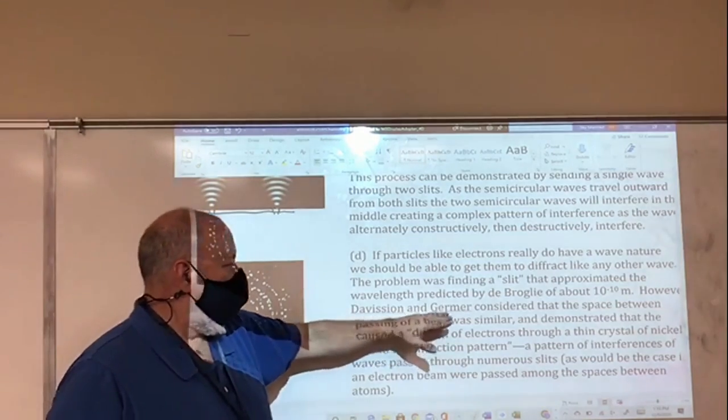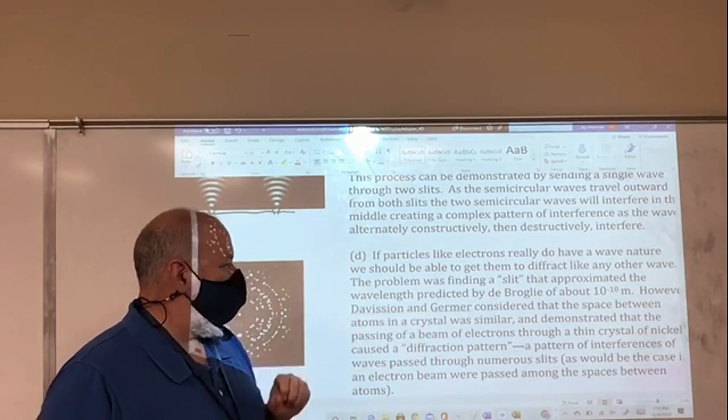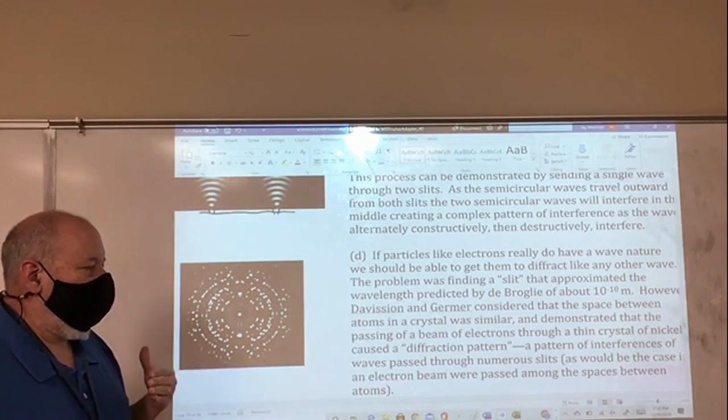So Davisson and Germer considered that the space between atoms in a crystal was similar to this.